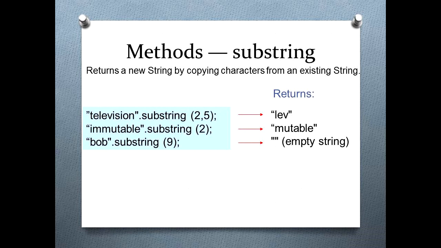The second string which I am going to discuss now is immutable. Immutable is a string. The substring I am going to do is 2. Here I am not giving the ending position or beginning position. I am just giving an index number. So what does it mean? What is the difference between these two is, in television we know the beginning and the ending, I mean to say from where to start and from where to stop.